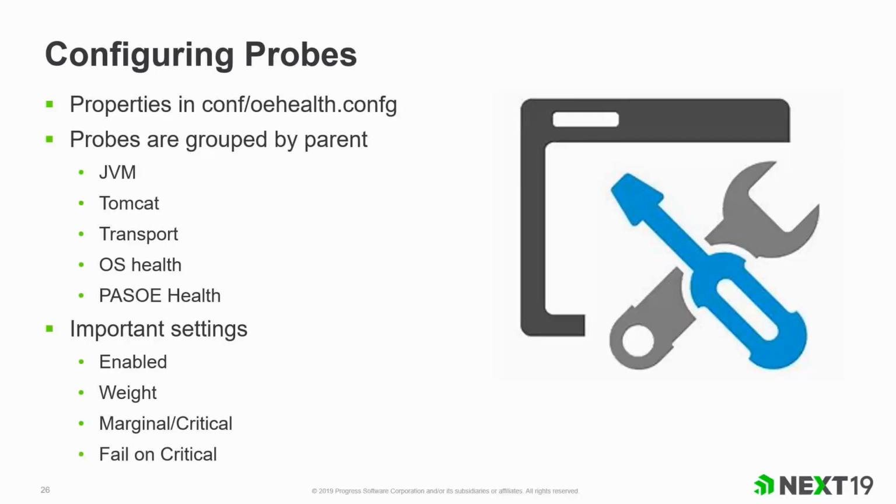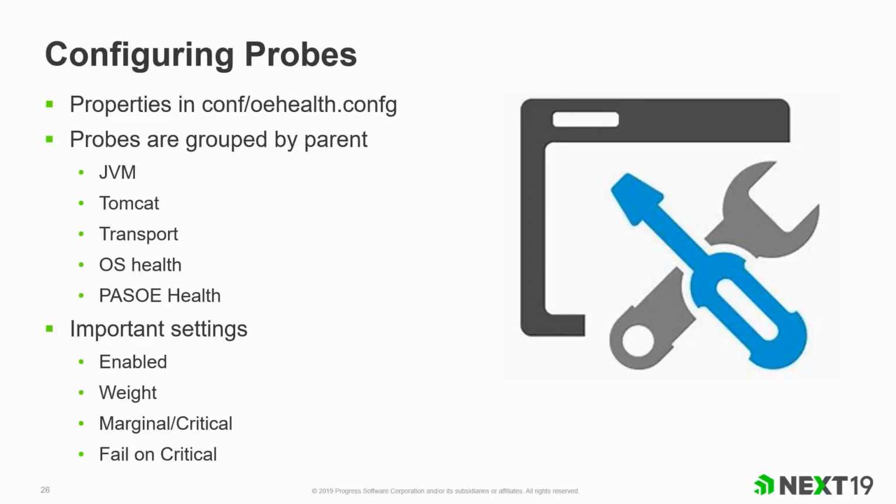Again, you can have a probe enabled but not have it take part by setting its weight to 0. And then the marginal, critical, and fail on critical are the other important properties. Setting the marginal and critical levels will determine whether it's good or bad. Fail on critical exists because you don't want to have to play with the weights in order to get probes to say the server is bad when it is bad.